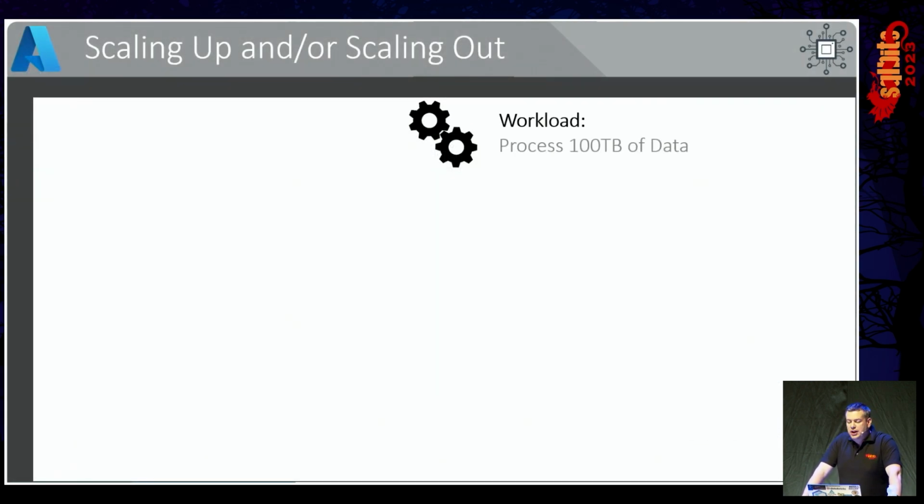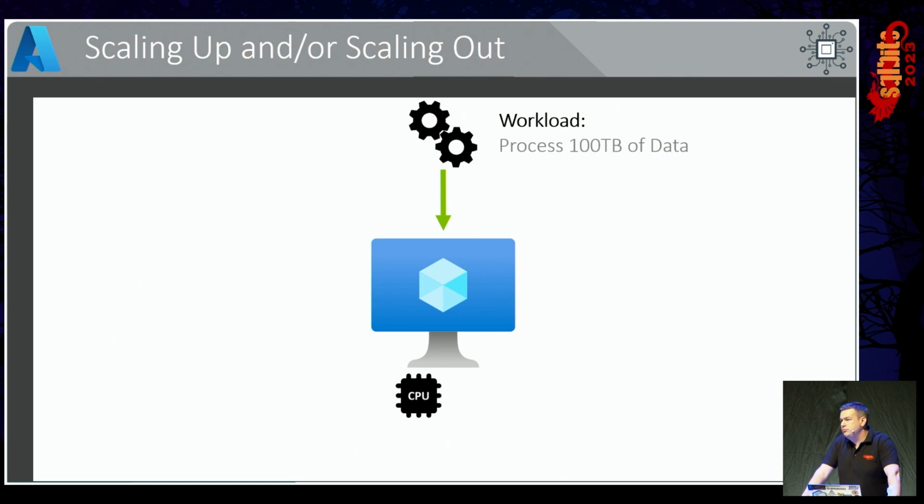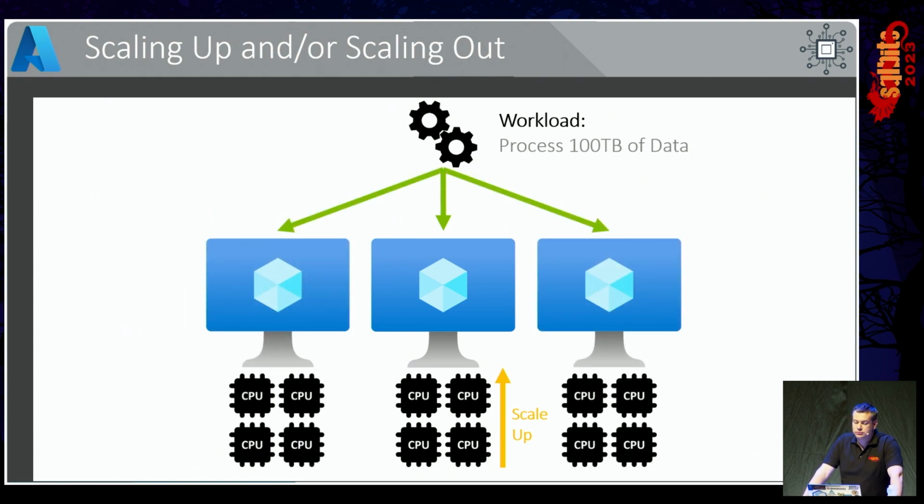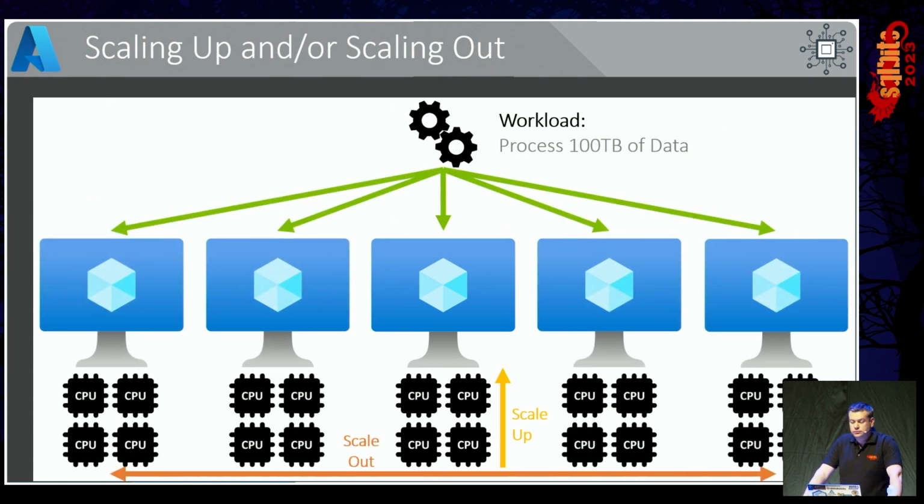But when we think about that compute, and just so we're all on the same page here, very simplistically, we have some work. We want to do something with it. We have some compute that scales up. It gets bigger to deal with those volumes of data. We might have some compute that scales out a lot.